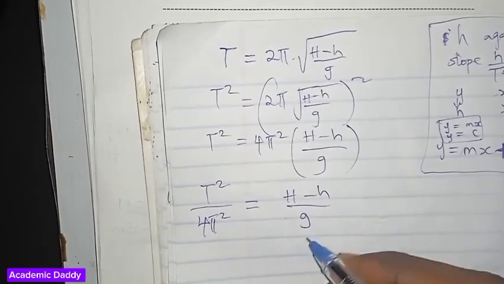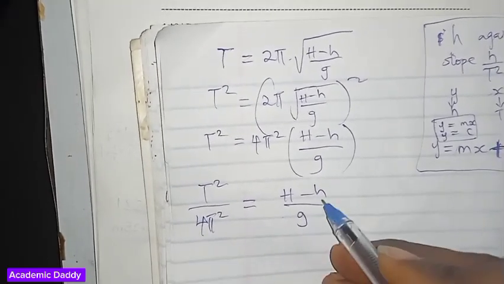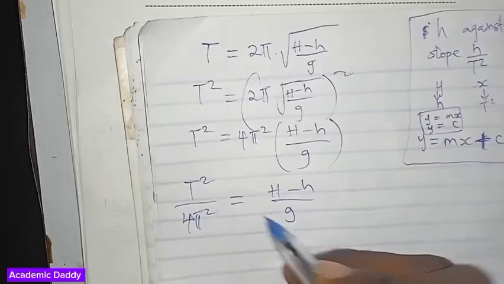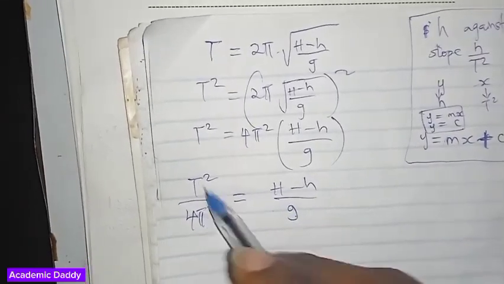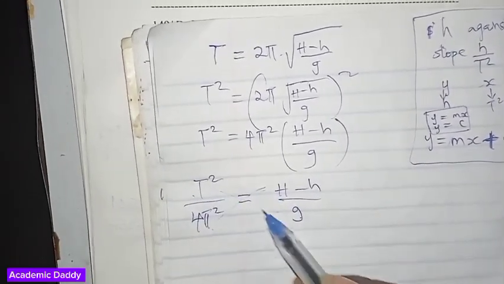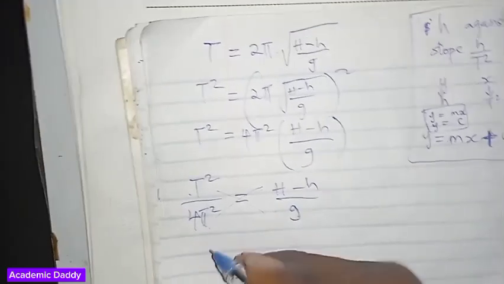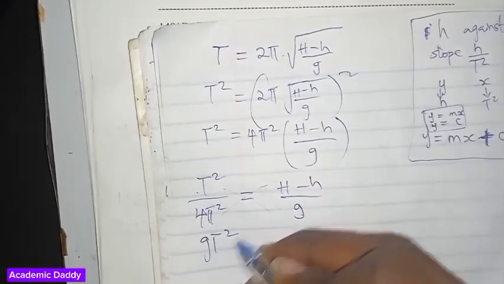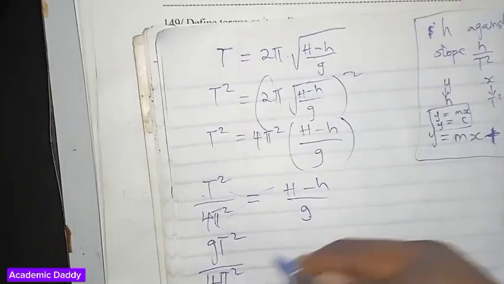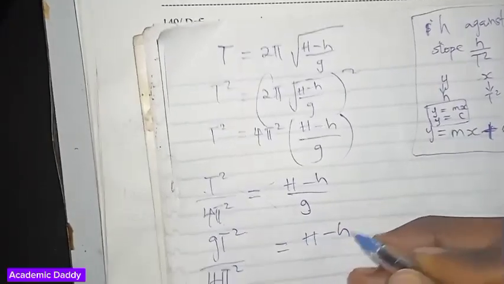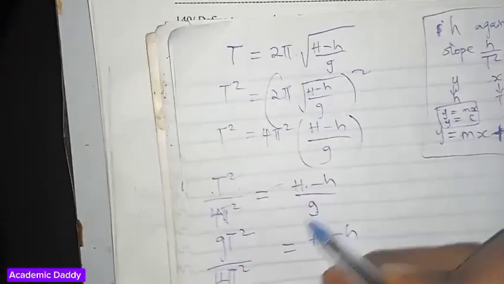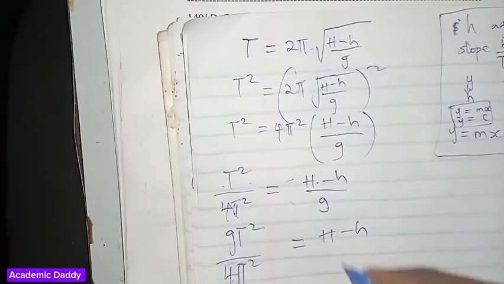So then I will now try to make h the subject of the formula here. Now I will cross this g to come here, that's cross multiply, but I don't need to do this, so that this becomes gT squared all over 4π squared equals h minus H. I could have said 4π squared times this, but I'll still divide both sides, so this becomes this.